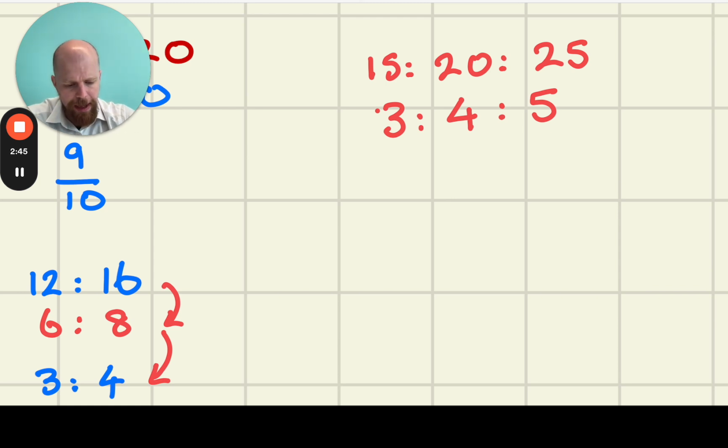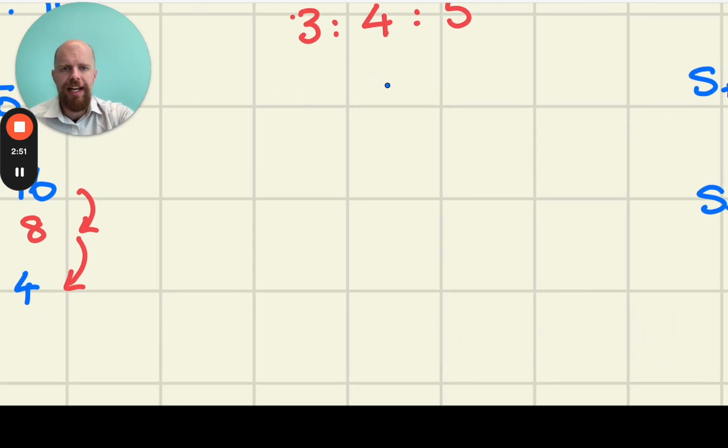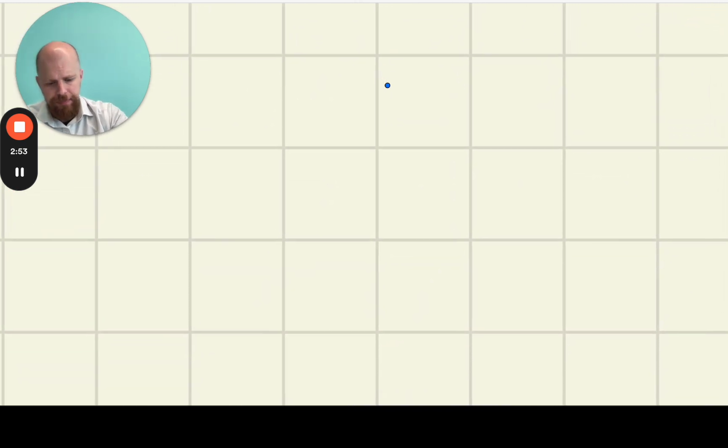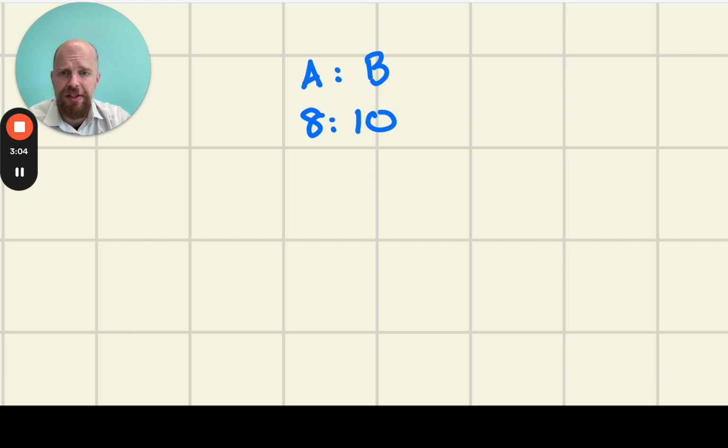Now let's just think about what this means for a second. Simplifying ratios is like simplifying fractions, but we're not actually changing anything in particular. So let's take a very simple example. Let's take 8 to 10. That means that if person A gets 8 sweets, person B gets 10 sweets.